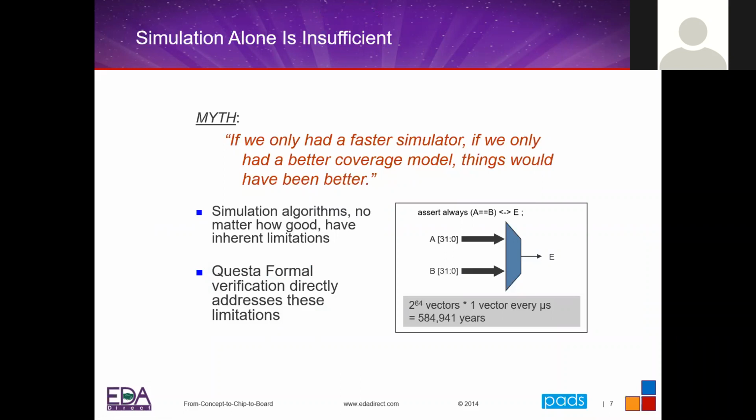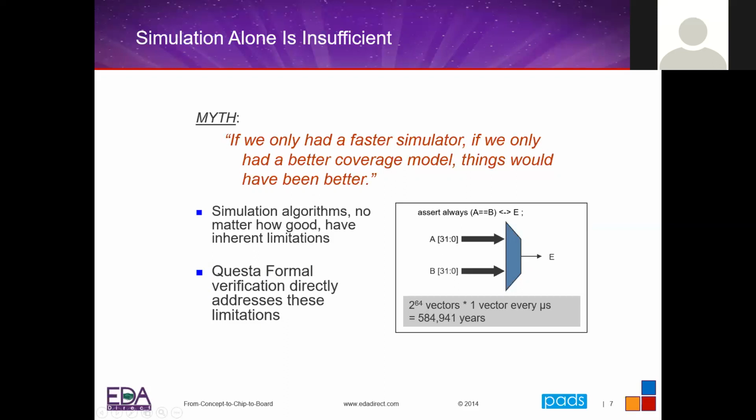So one of the things we see is people say, hey, if we just had a faster simulator, we could get things done much more quickly. And the problem there is when you're looking at really big designs, the simulator to completely verify a device will take forever. Take this simple 32-bit comparator.